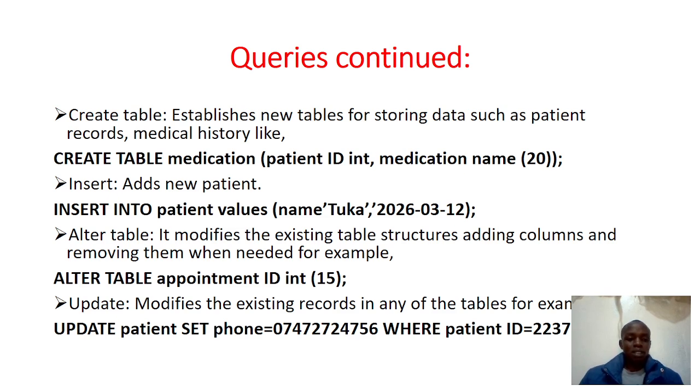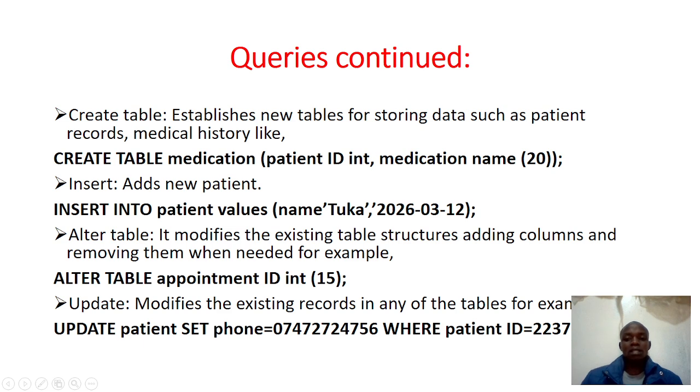We had the update command. The update command is also used to modify existing records in any of the tables. For example, update patient set phone. If I had used a phone number which is incorrect, I can update it using the update command and set that phone number to this. Then for where patient ID, we are specifying to which person we are going to change the number.